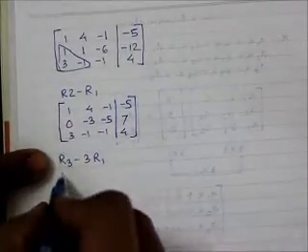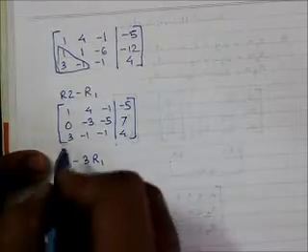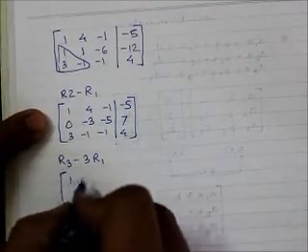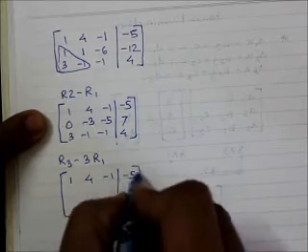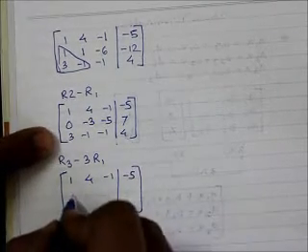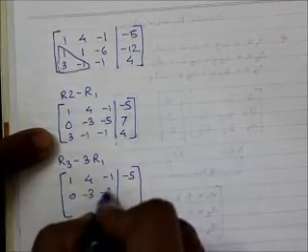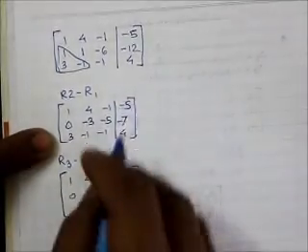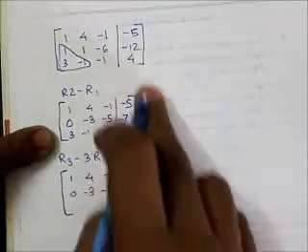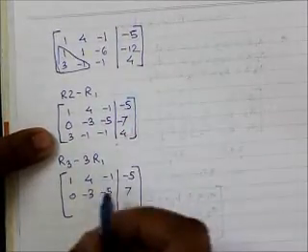So this becomes: first row again remains as it is, 1, 4, minus 1, minus 5. Second row remains as it is, 0, minus 3, minus 5, 7. I'm sorry, this is a minus 7. Minus 12 minus 5, minus 12 plus 5, so minus 7.